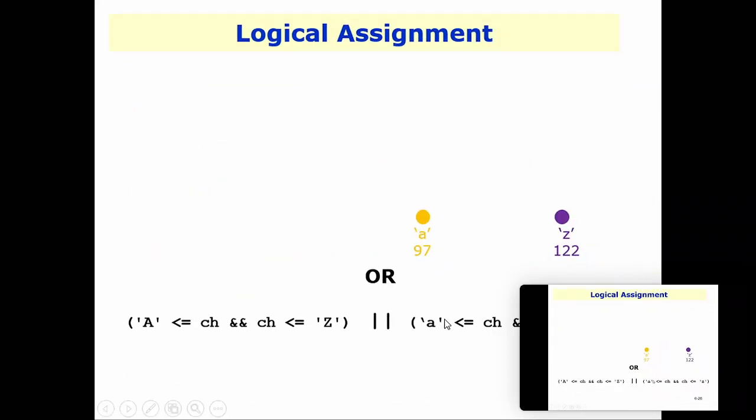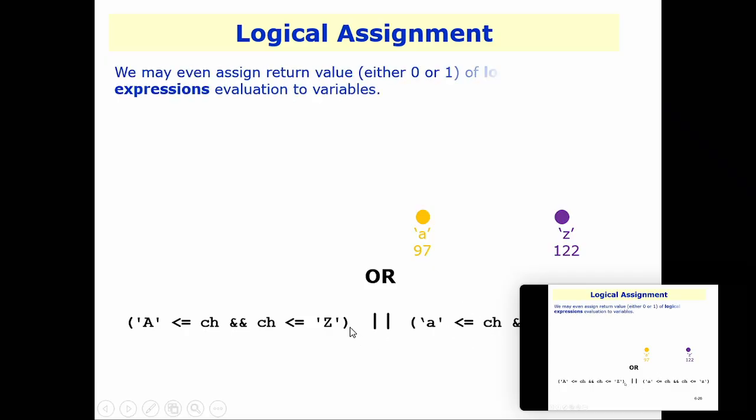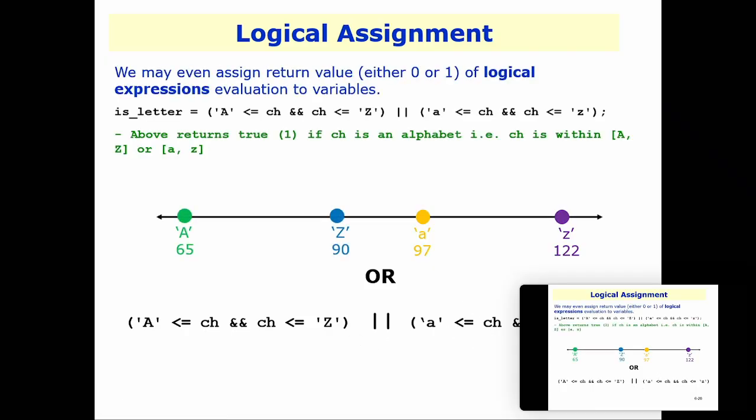Okay, you can also check whether the input letter is an alphabet letter or not. We know the integer values of the letters: uppercase A is 65, uppercase Z is 90, lowercase a is 97, lowercase z is 122.